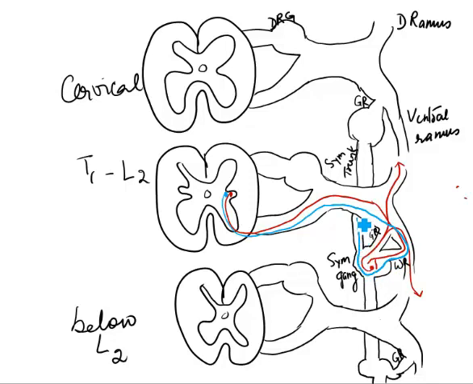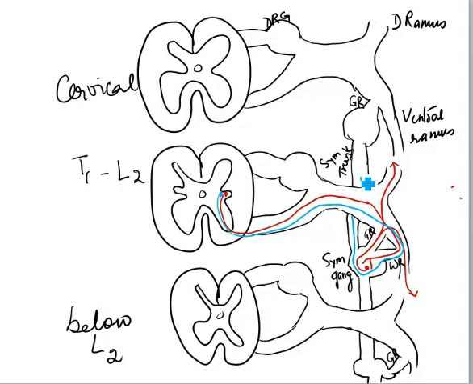They will pass in this sympathetic chain or trunk, synapse in the paravertebral ganglion at the levels above T1, so in the cervical ganglion, synapse there, then pass out through the gray ramus. They will go to the dorsal ramus and the ventral ramus of the cervical spinal nerves.